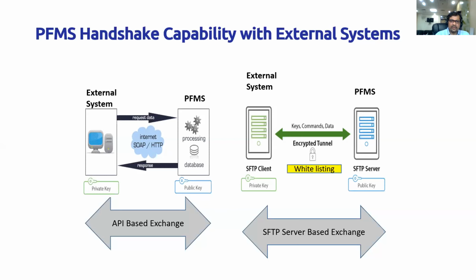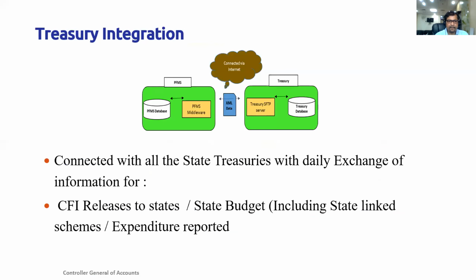Here we have established a big support system for the infrastructure of PFMS, which is required for any digital public infrastructure, taking care of all the certifications, the hardware, and disaster recovery, etc. With subnational governments also, we are connected through this SFTP mode, and we are exchanging data in XML, a readable format.